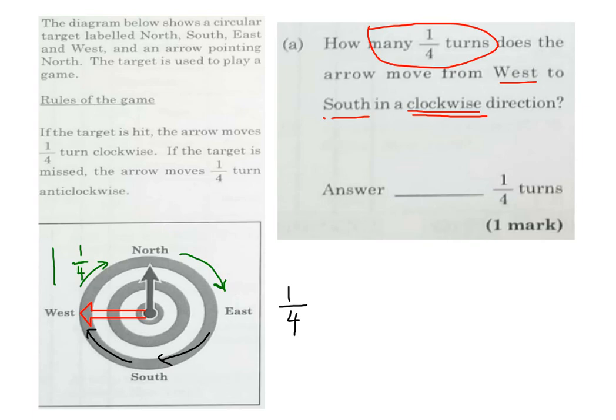How many quarter turns is that? We're just counting how many times we turn from one point to the other. So if I went from west to north and I made one turn so far, that's one quarter turn. I'm asking you, to go from north to east, how many turns was that?